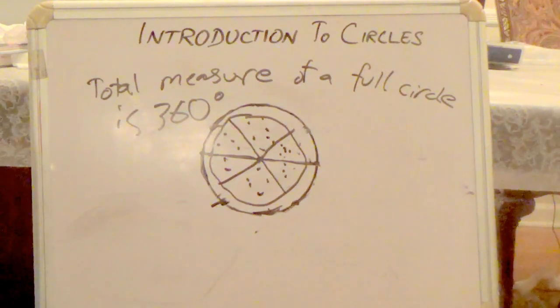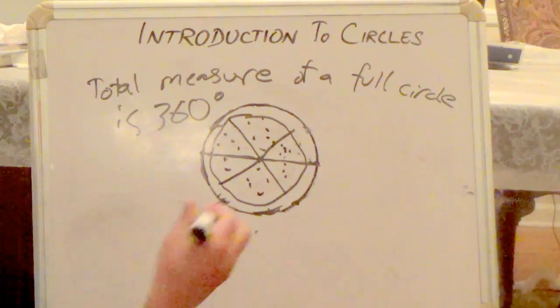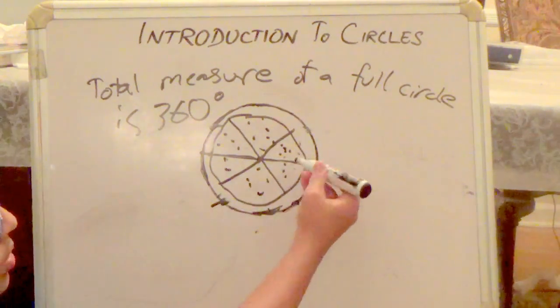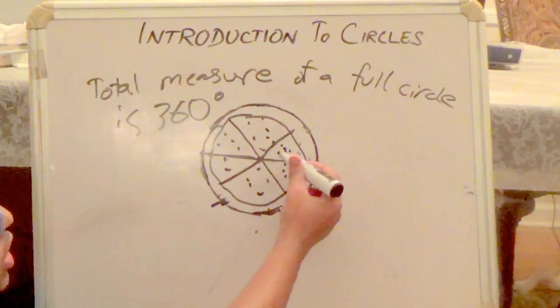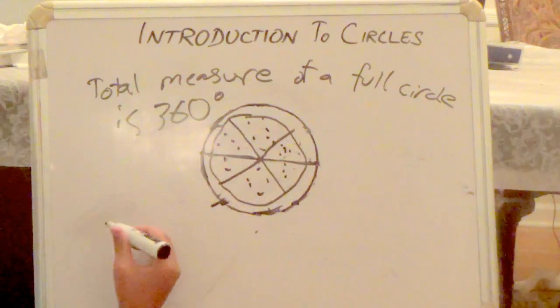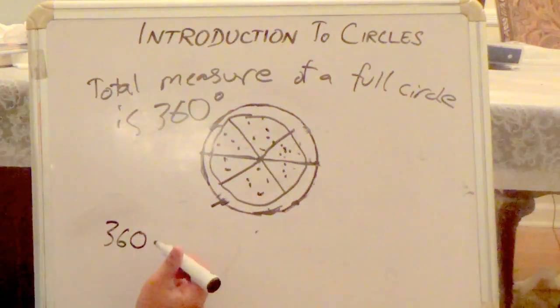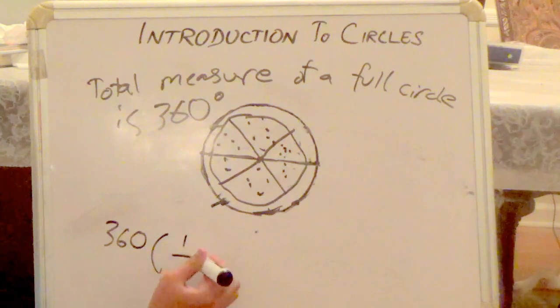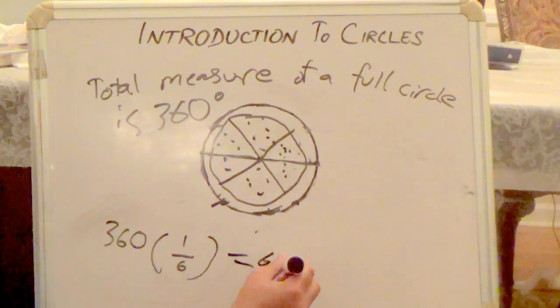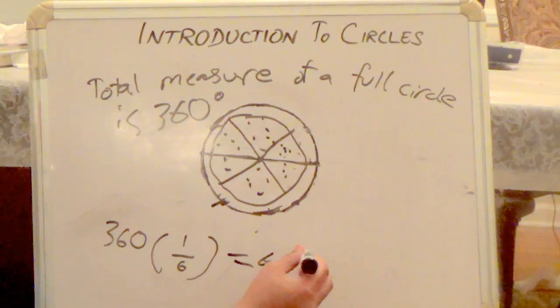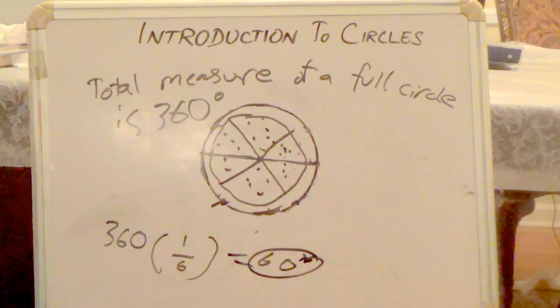So each of these pizza slices is 1/6. It has an angle measure of 1/6 of this 360 degrees full pizza. So 360 degrees of a full pizza times 1/6 is 360 divided by 6. So 36 divided by 6 is 6. You tack on the 0 and you get 60. So each of the slices is 60 degrees.